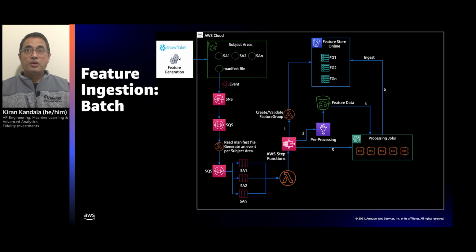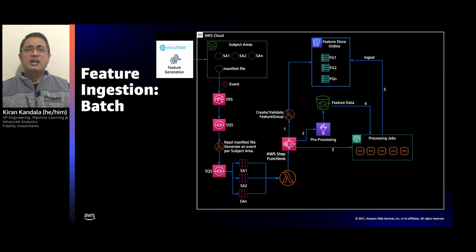So, one of the first modes that we ingest features into the online feature store is batch mode. In batch mode, we generate features per subject area, also referred to as feature group, and we are using a SQL-based feature generation mechanism here. Examples of various subject areas are accounts, balances, and transactions.